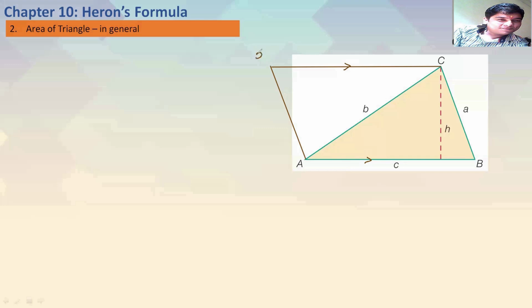Now, what should be the area of this parallelogram? Area will be DC into CB. Basically, what did we just learn?